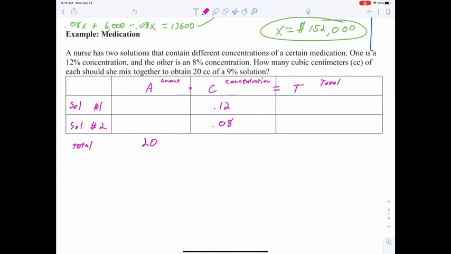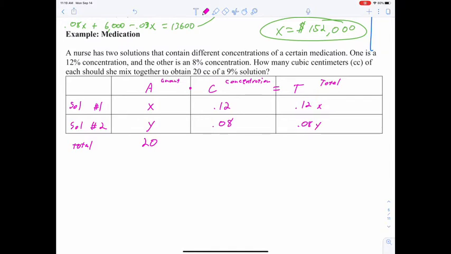So again, we do what we just did up above. We don't know this one, we don't know this one, but we can add those together. Remember, add down, multiply across the chart here, and we'll get 20. So we're going to use that rule to multiply across, A times C equals T. So we'll do 0.12x, 0.08y. And notice what we did: amount times concentration, amount times concentration.